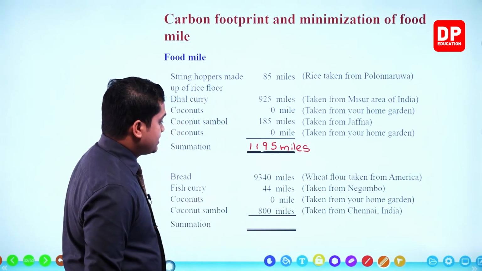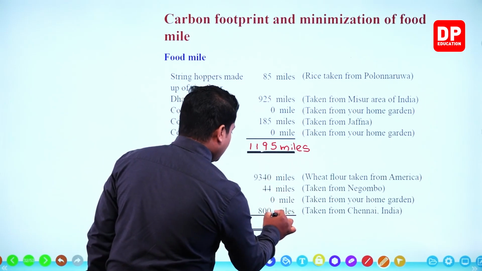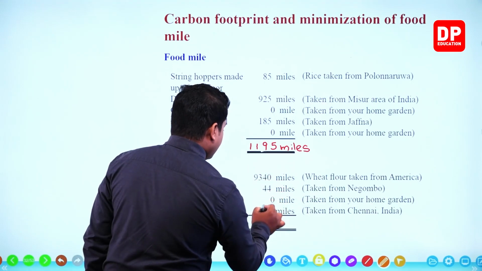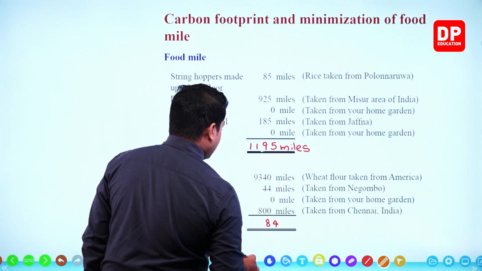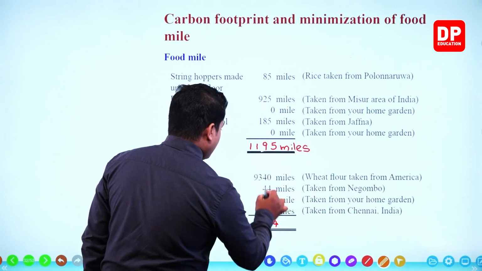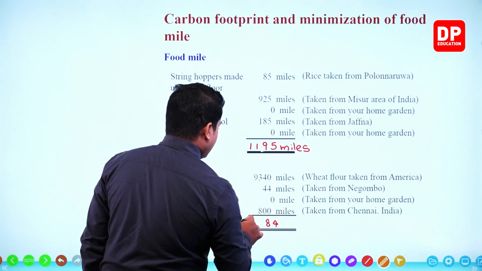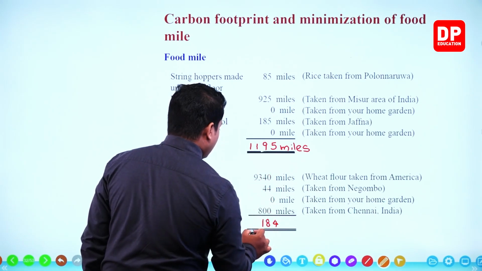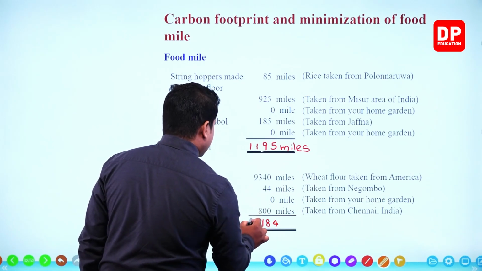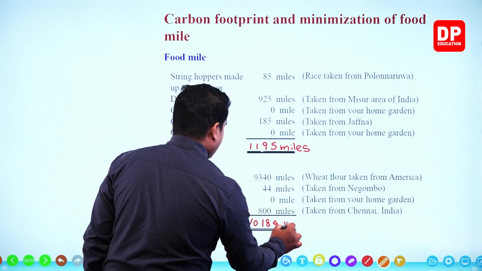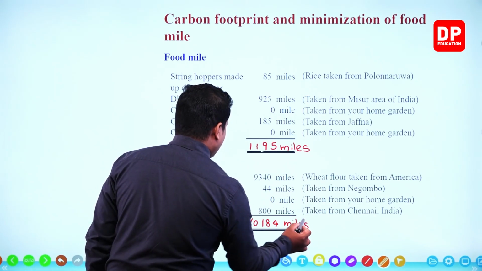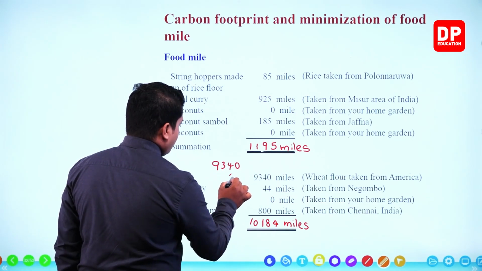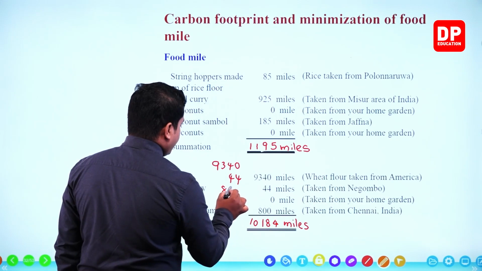So altogether, now let's see the summation. Here 4, then here 8, then my dear children, here 3 plus 8, 11, 1, then 1 for the other side, 10. Let's check whether this is correct once more. We'll add 9340, 44, then 800.